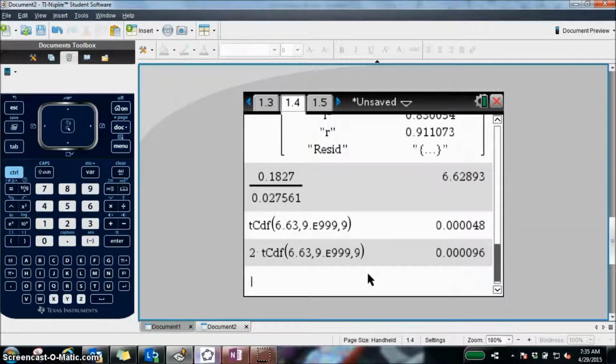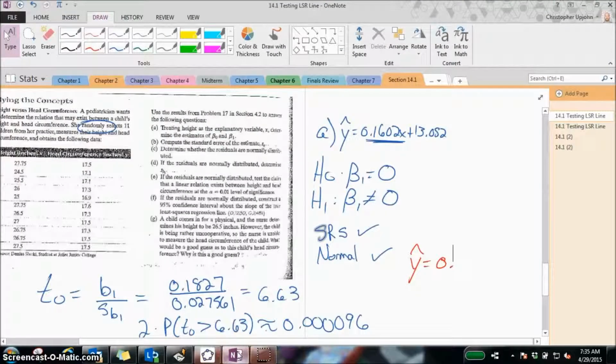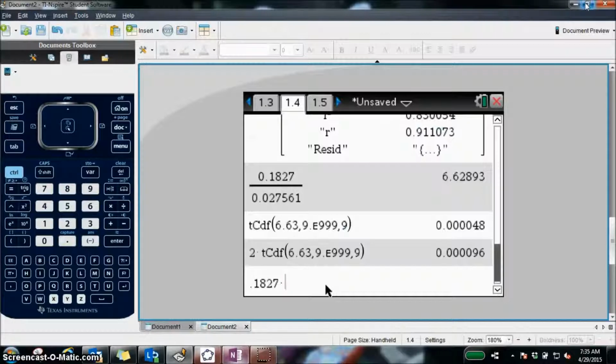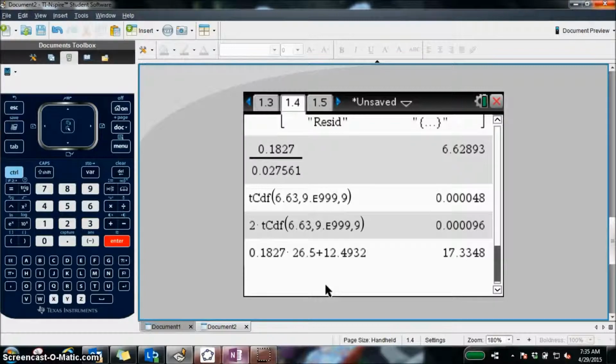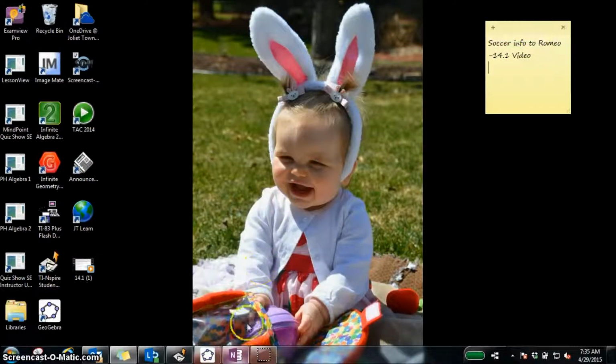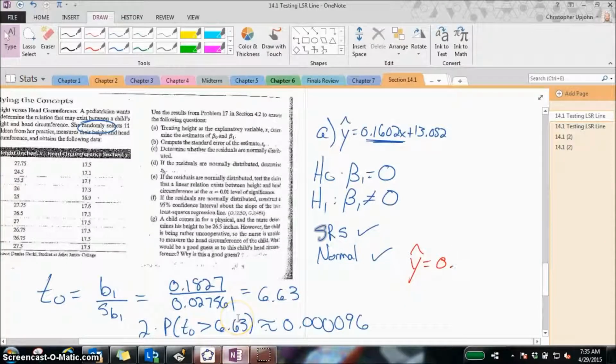So it is our slope, 0.1827 times whatever their claim is for the height, 26.5, plus our y-intercept, 12.4932. So the head size should be 17.33, given our data.